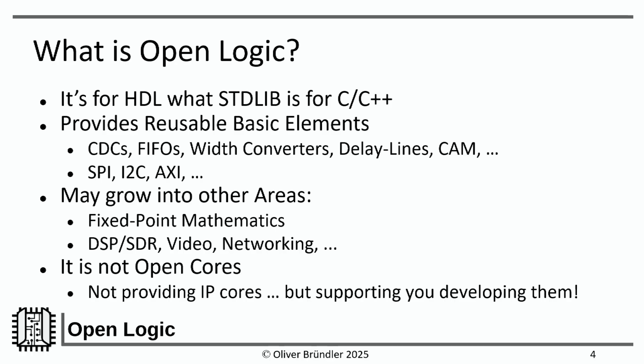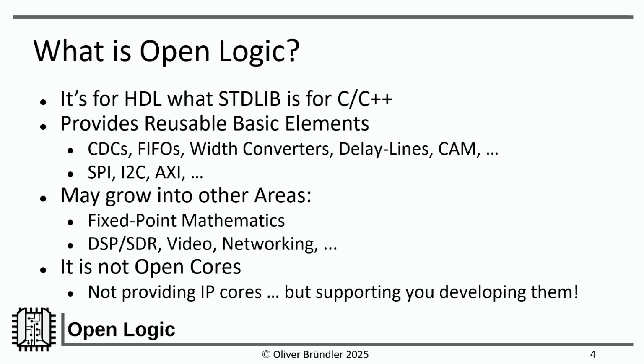A question I'm often asked is, how does OpenLogic compare to OpenCores? Well, first of all, OpenLogic is alive. That's probably the biggest difference. Second, OpenCores always provided full IP cores and from different people, different developers, and let's say mixed quality levels.